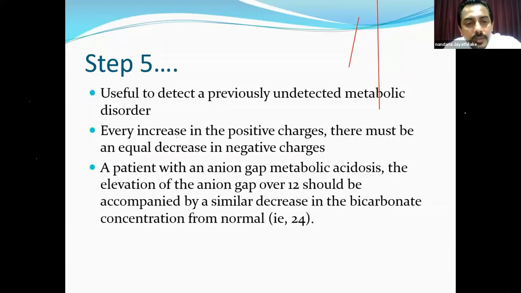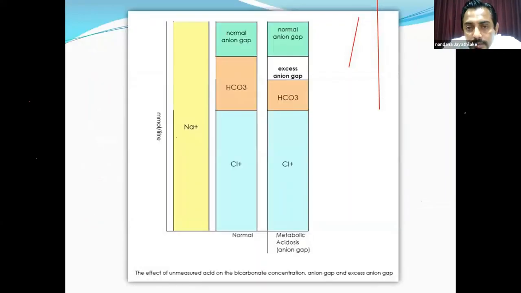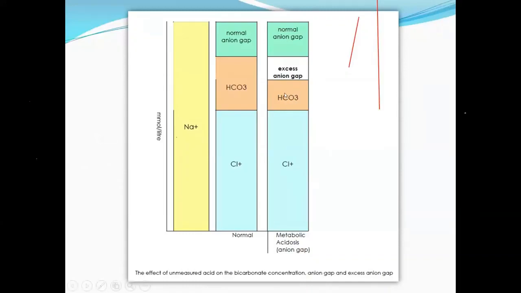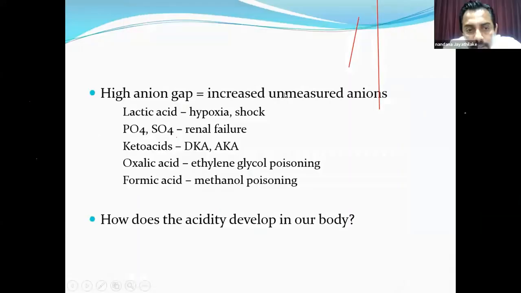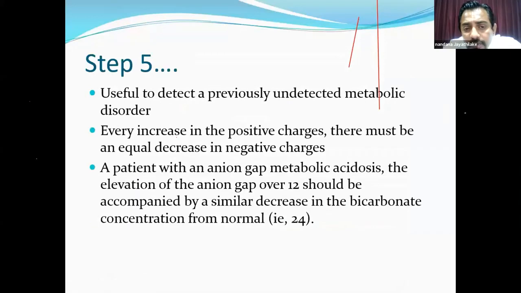Okay, good. As I showed you in the previous picture, when the excess anion gap is increasing, the bicarbonate is coming down. Bicarbonate is getting low. The theory here is that every increase in positive charges must be matched by an equal decrease in negative charges.